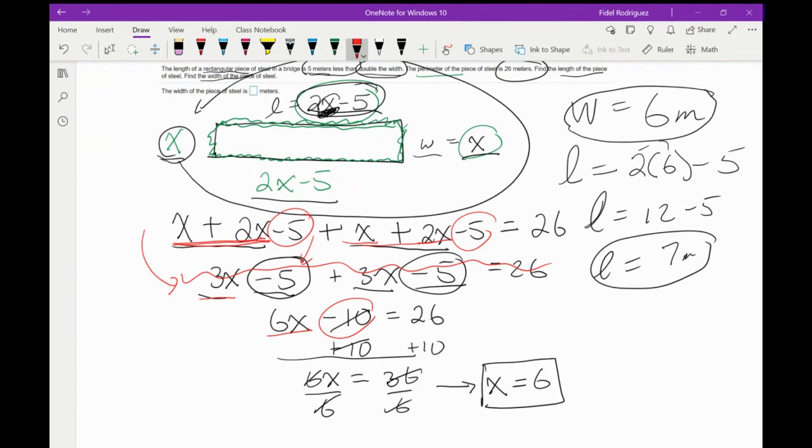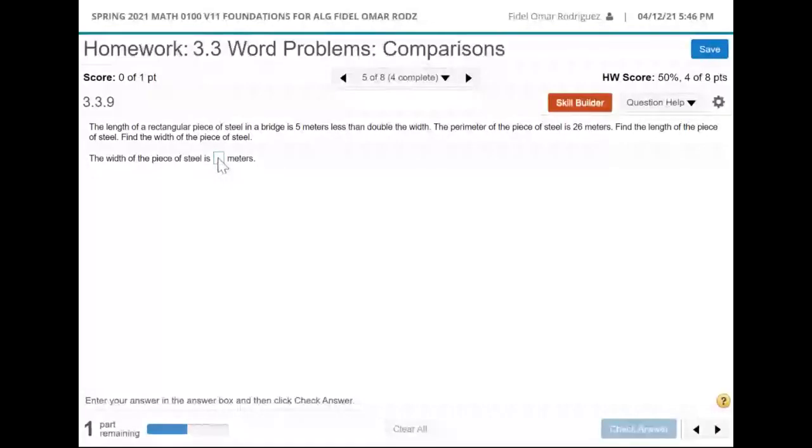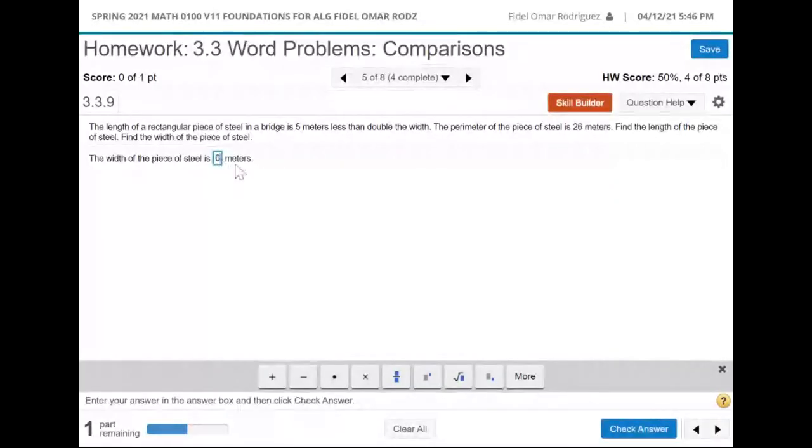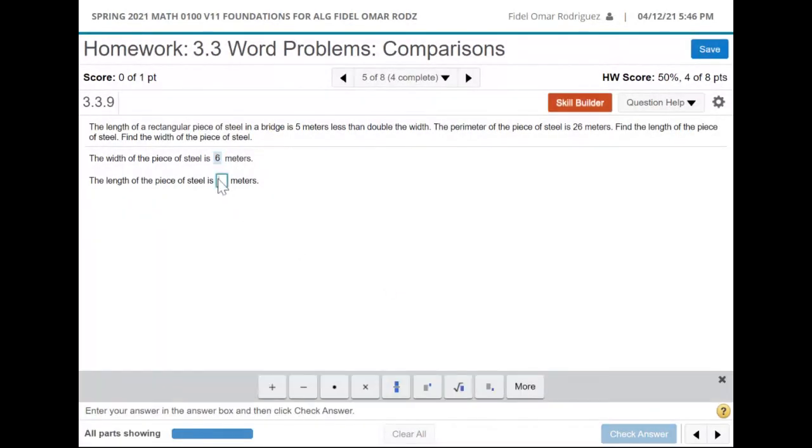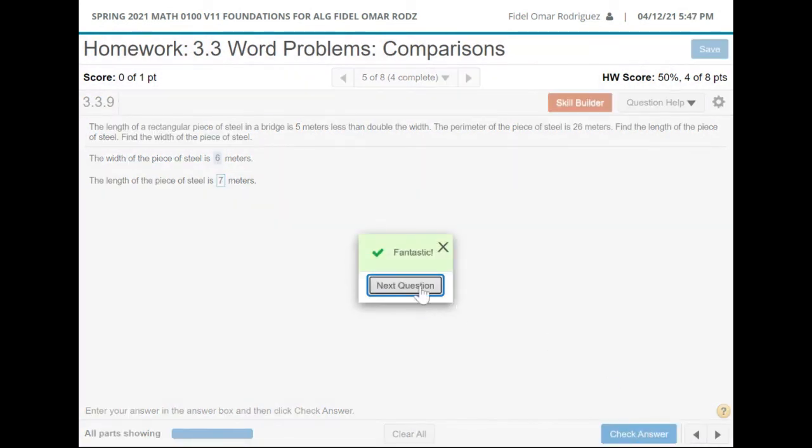Yes, ma'am. Okay, so guys, let me go ahead and enter those numbers into my problem, and we'll see if everything is working here. Let's come back to this one. We said that our width was 6, yes, it was. And then we said our length was 7. And perfect.